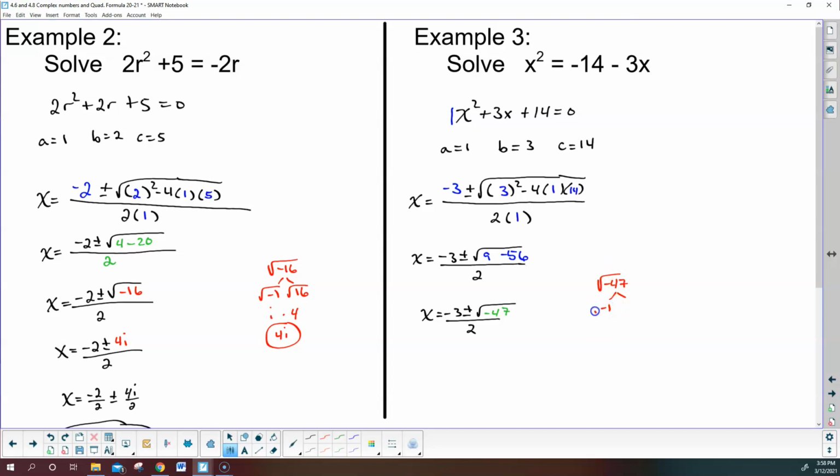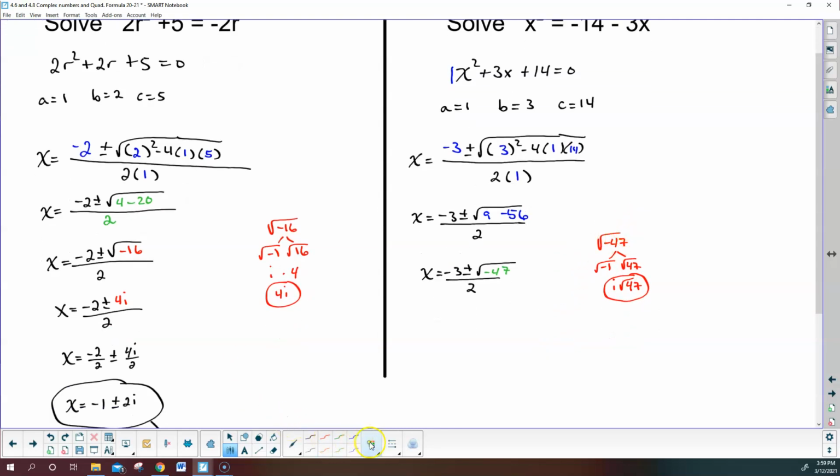Well, let's look at the factors. I know negative 1 can be pulled out. And I'm thinking then, are there any factors that go into 47? And I believe 47 is a prime number, so we can't reduce this down anymore, but we can pull out that negative 1, which means the square root of negative 1 is i, and then we get times the square root of 47.